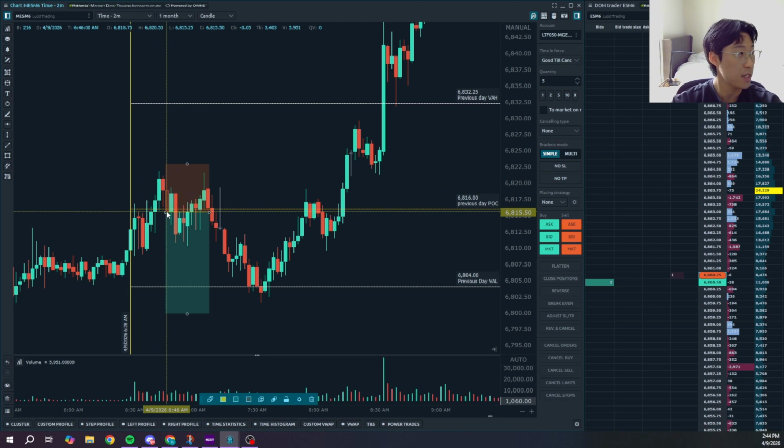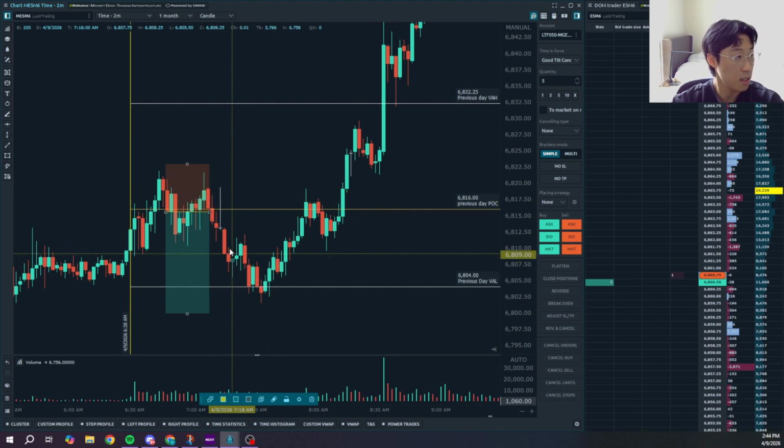I entered on this break back under, but as I was in the trade, I just realized that I was in a lot of chop. There were so many points of absorption on this chart where sellers were getting absorbed every time we tried to sell off, that in the end, I was just in chop.